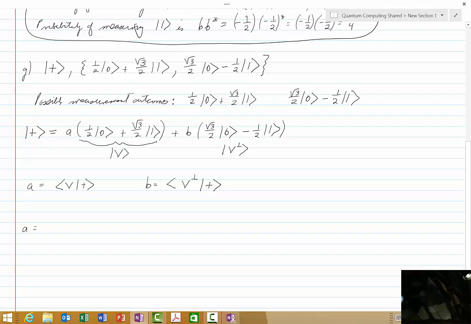Now, if you will refer to page 22, you will see that the definition of the plus ket is the following.